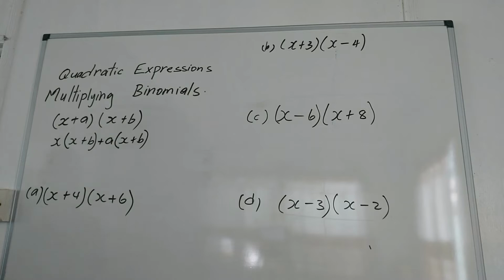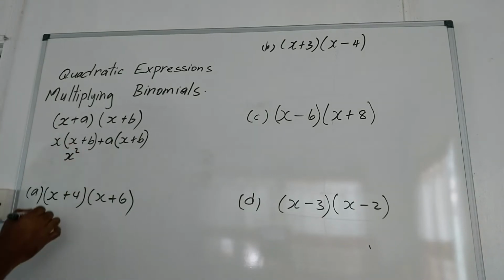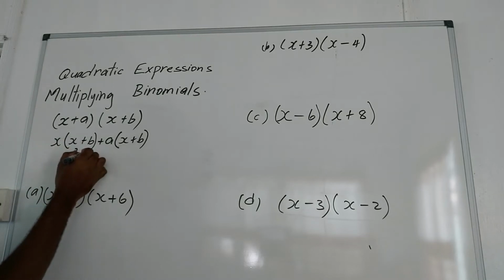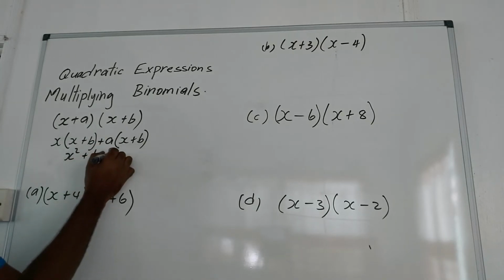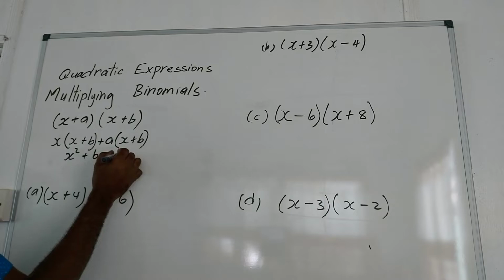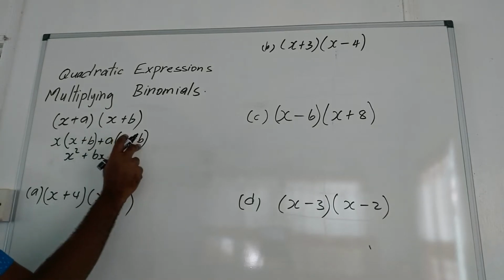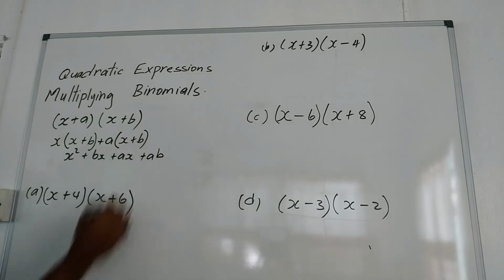So let's begin multiplying. x times x will give us x squared. x times b will give us bx. a times x will give us ax. And a times b will give us ab.